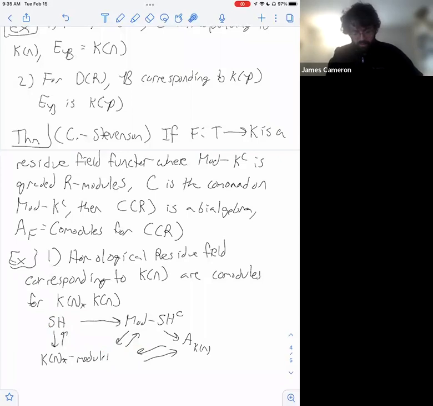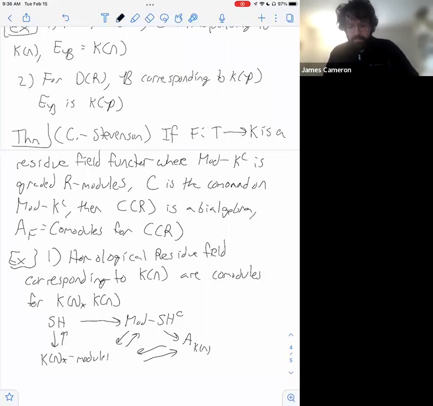This is just the functor for getting down to SH. So when I apply this functor to the unit, it's just taking the K_n homology of K_n. Okay, so that's a nice description of this homological residue field in terms of something that's studied elsewhere in topology.